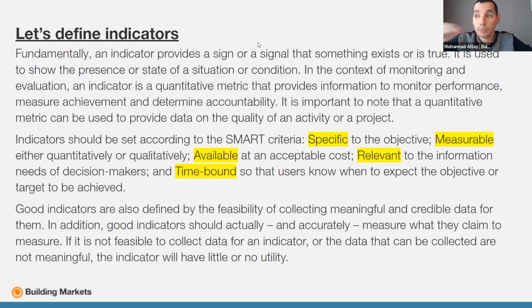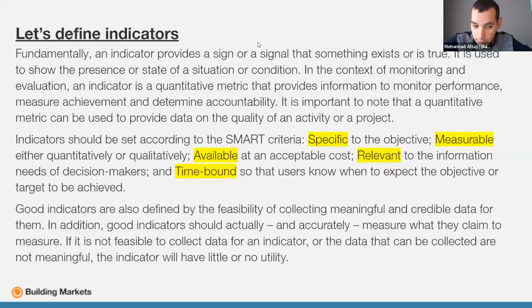That means feasibility in terms of the resources we have, the time we have, and the funds, of course, because for some indicators, it might be costly in terms of funds or human resources to track or measure them. So it is also important to assess the quality of your indicators against feasibility in the context I just explained.